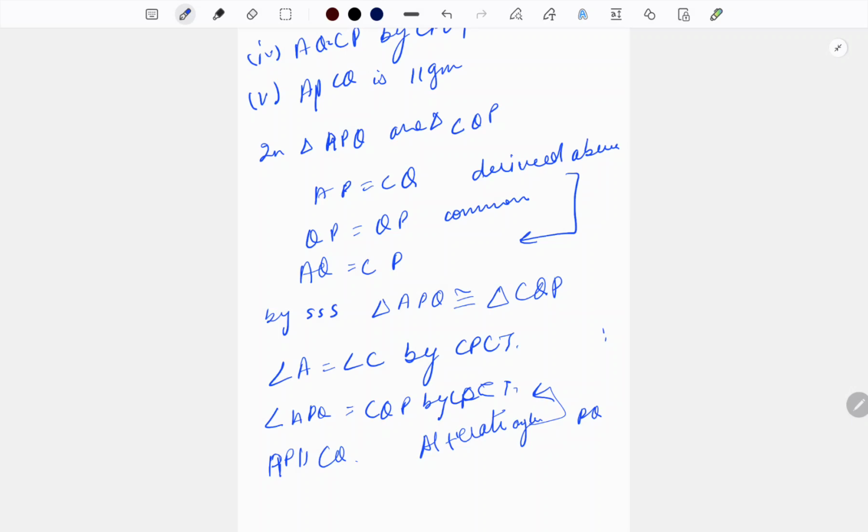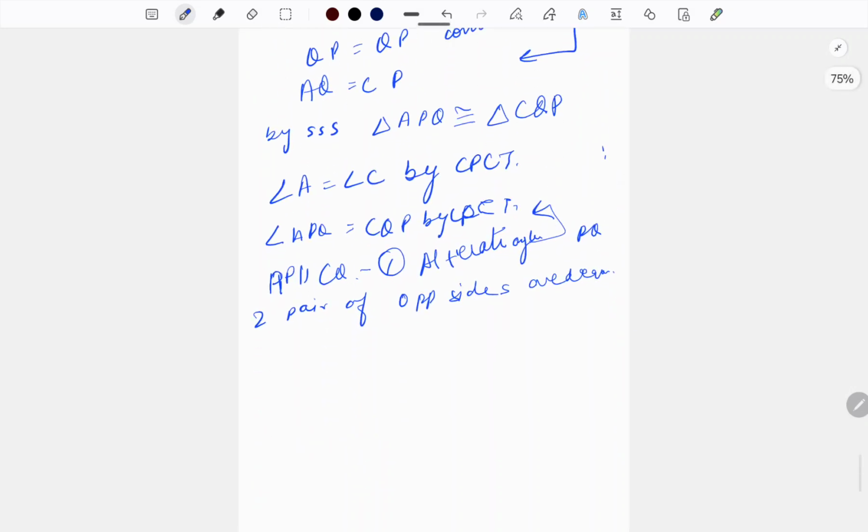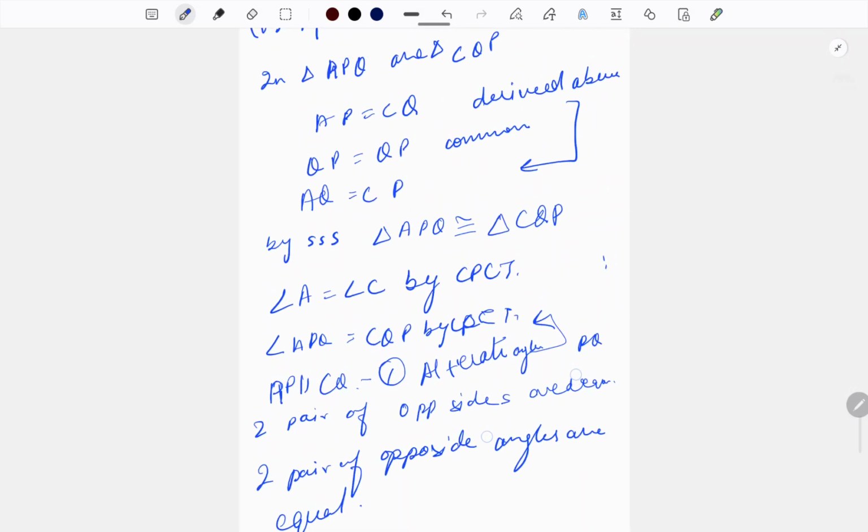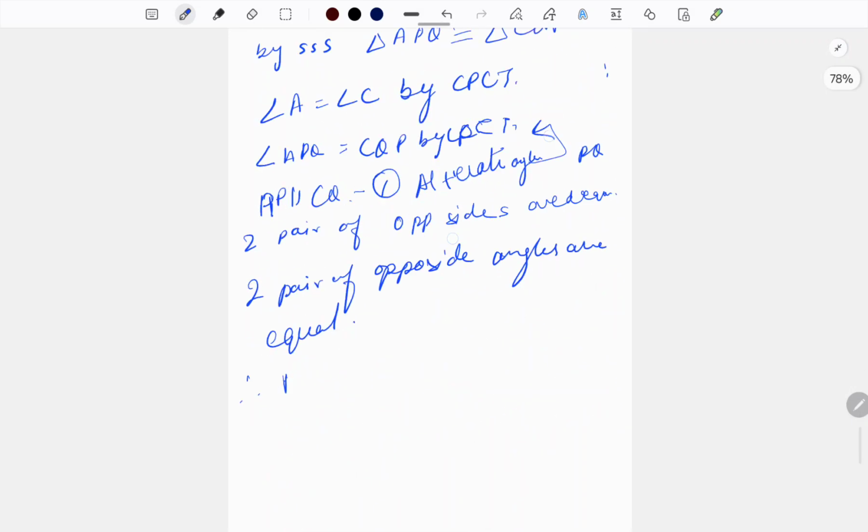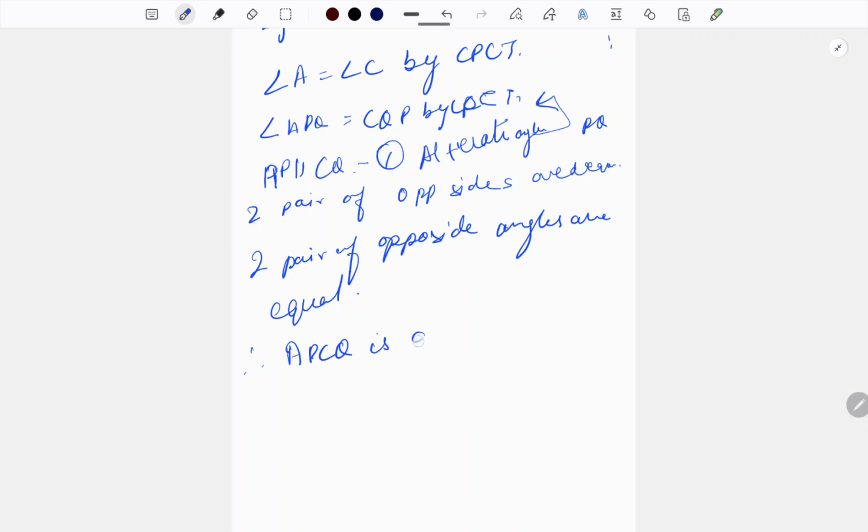Okay, now we have one pair of parallel sides, two pairs of opposite sides are equal, and two pairs of opposite angles are equal. Therefore APCQ is a parallelogram.